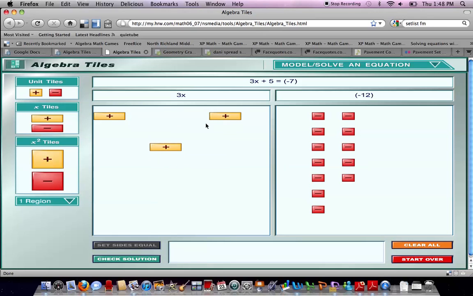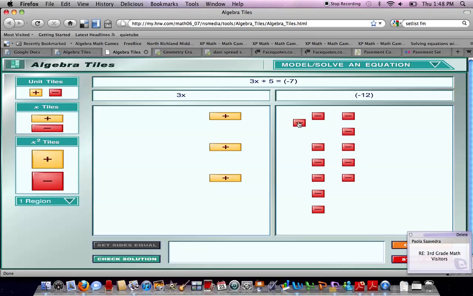Sometimes it's easier if you put them over here to see that there are 3 groups. Now I have 3 x's, and I want to split the negatives into 3 even groups. How many of these will be in each group? I can see that it should be 4.